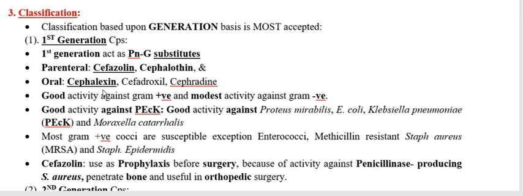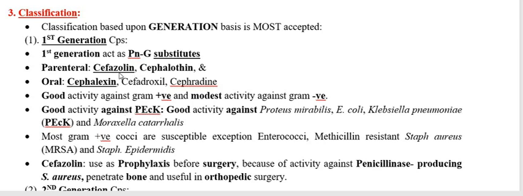What is more important regarding antibacterial activity is that the drug shows activity against gram-positive bacteria and modest activity against gram-negative bacteria.